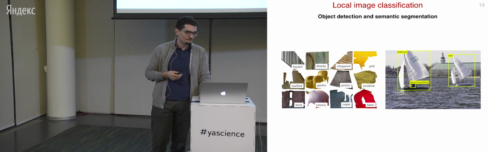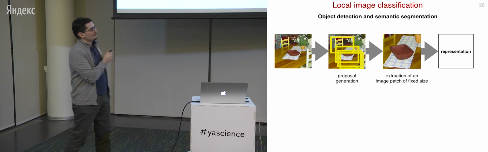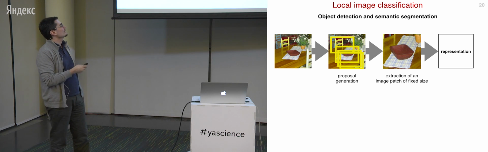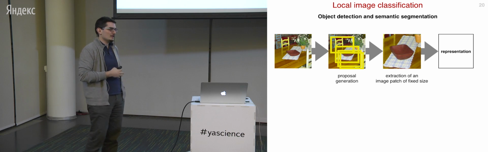So how do you do that? Well, this is the classic way people have done it. So you would start from an image, then you would start proposing a bunch of possible boxes that would contain your object. Okay. This you can do either just sliding all possible windows or just finding some machine learning trick to actually get a short list of possible candidates which are likely to contain meaningful objects in the image.